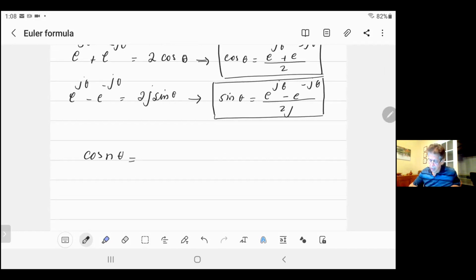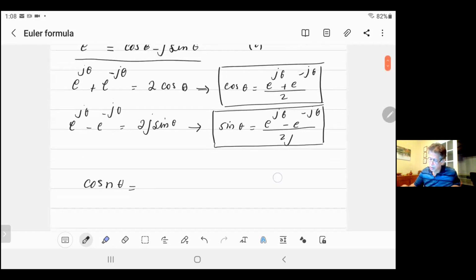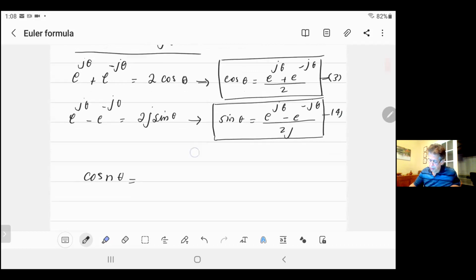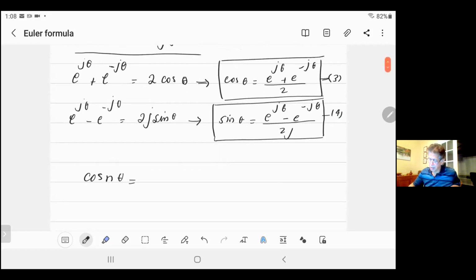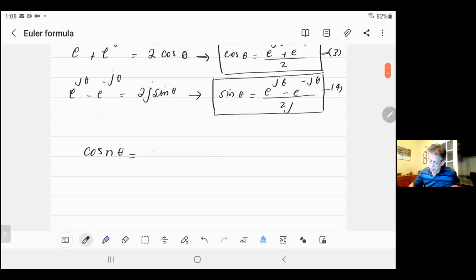According to this equation, let's call this number 3, and this is number 4. According to number 3, for cosine n theta you just replace every theta by n theta. So it will be equal to 1/2 times e to the power of j n theta plus e to the power of minus j n theta.